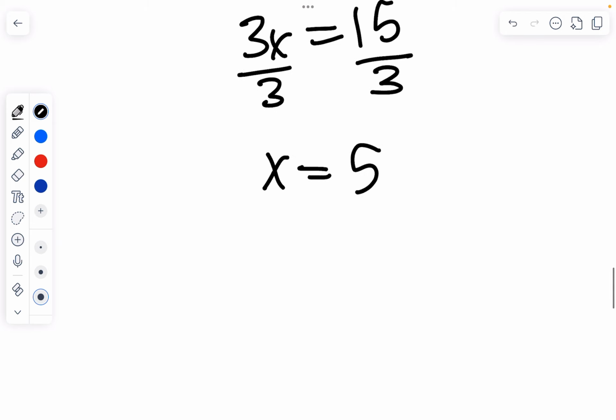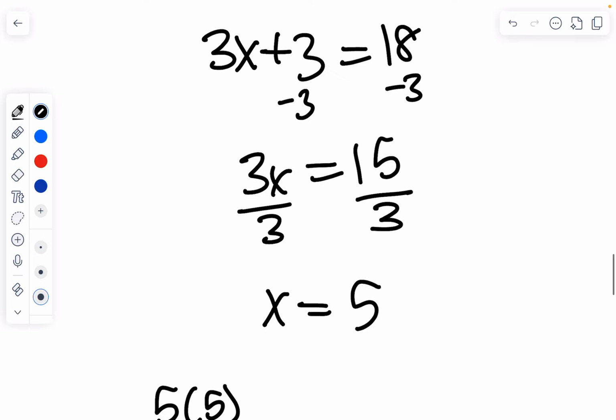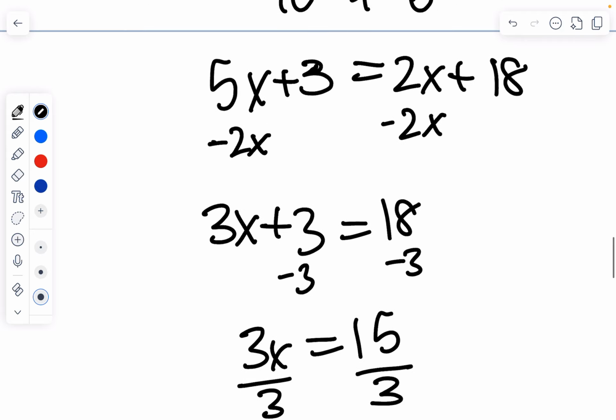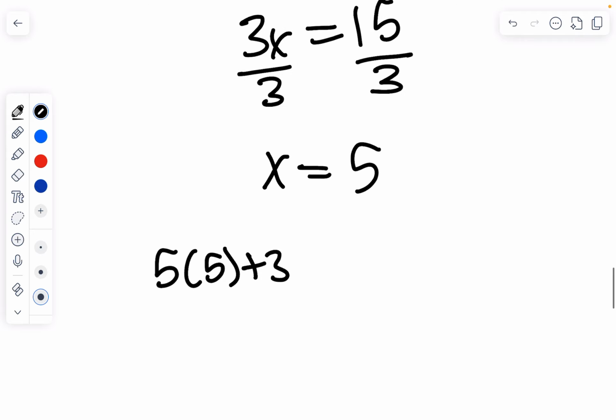Now to check this one, we first have to plug our 5 into the left-hand side of the equation. So that is 5 times 5 plus 3. And we have to plug it into the right side of the equation, 2 times 5 plus 18.